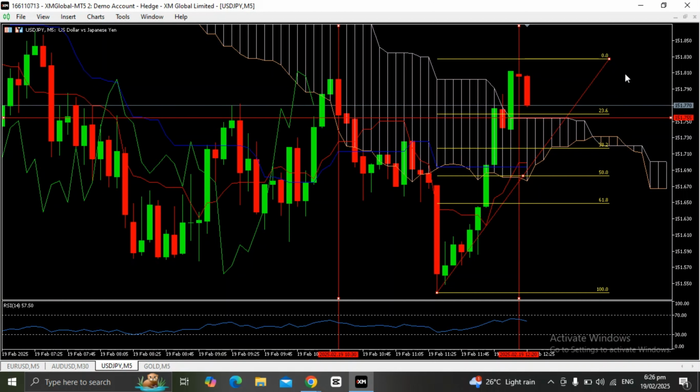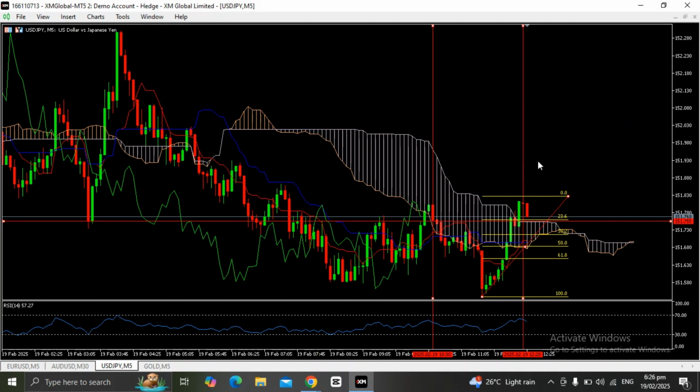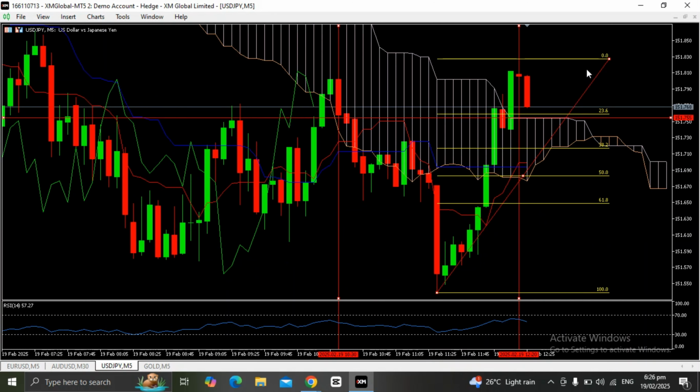Okay, so you will check whether this one will be broken or not. If it will be broken, then this part here will be your next line of defense or the support.